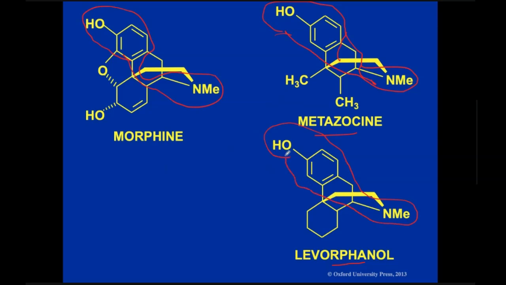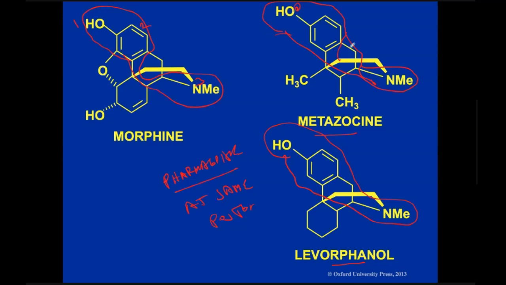The skeleton is there, right? Which dictates that the two derivatives of morphine, metazocine and levorphanol, have the same pharmacophore feature. Do you agree? At the same position. Do you agree? Yes, sir. So the three-point pharmacophore element is there, one, two, and three at the same position.